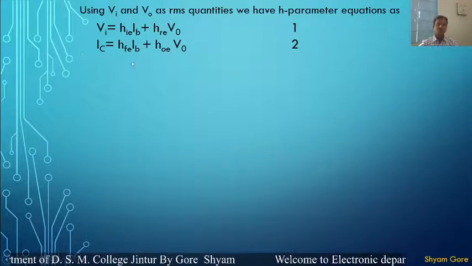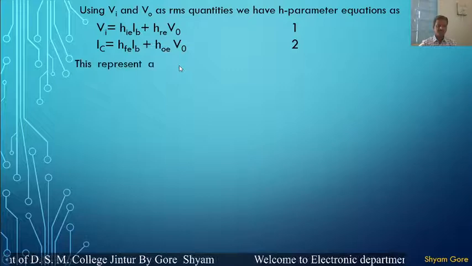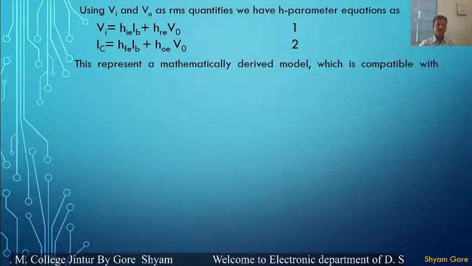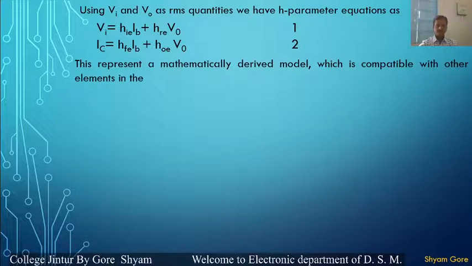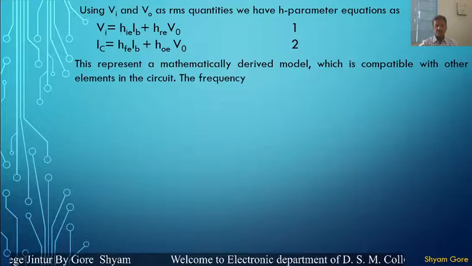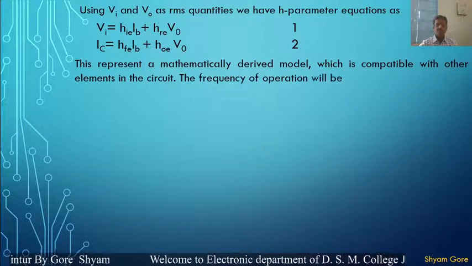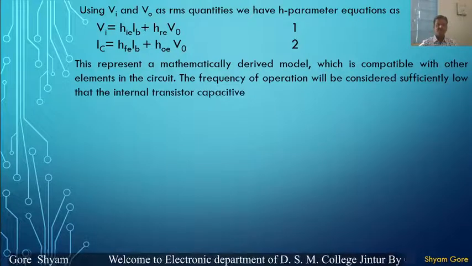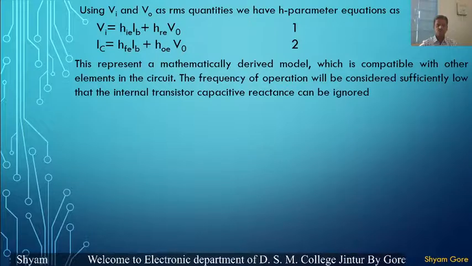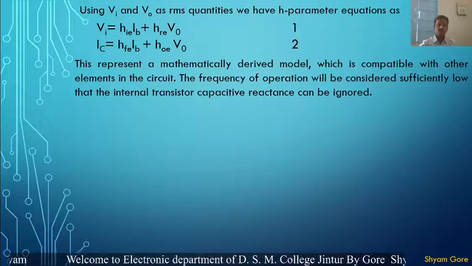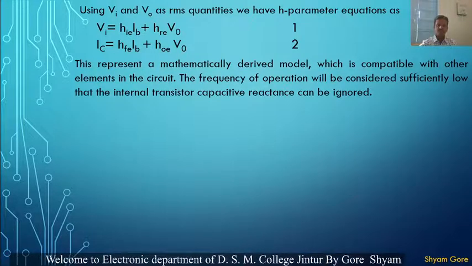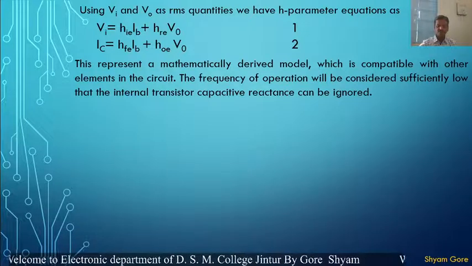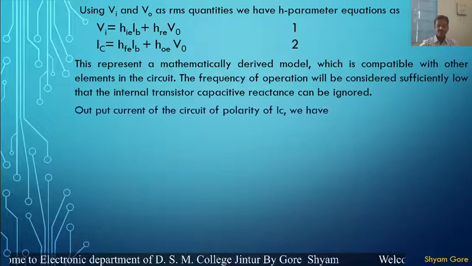Therefore, these are the two equations of the H parameters, and they represent the mathematical derived model for the transistor, which is compatible with the other circuit elements. The frequency of operation is considered sufficiently low that the internal transistor capacitance can be neglected, and therefore it is ignored in the circuit.